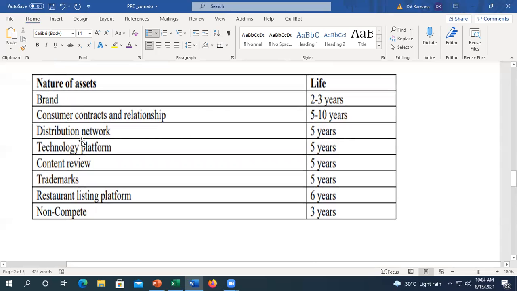So, for example, if I say that the brand value is 10,000, and if I say life is 2 years, then amortization per year will be 5,000. That is the relevance of life.